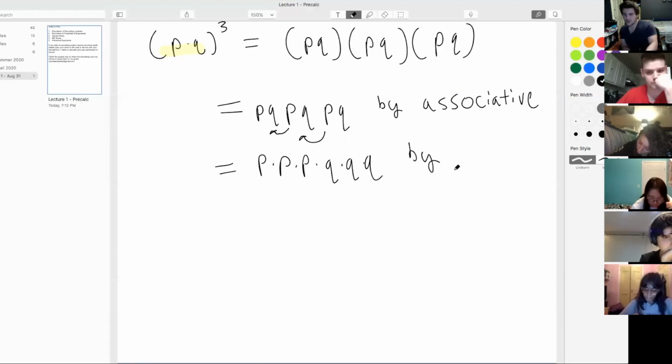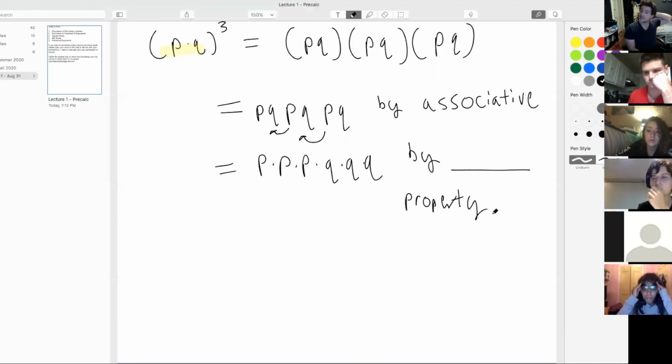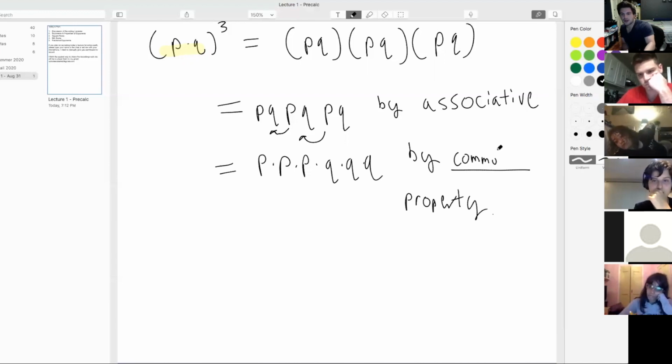Does anyone know what property of the real numbers that follows by? I can switch the order of multiplication. Isn't it the commutative property? Yes, excellent, thank you. So that follows from the commutative property. I'm just trying to justify why I'm allowed to do these things.